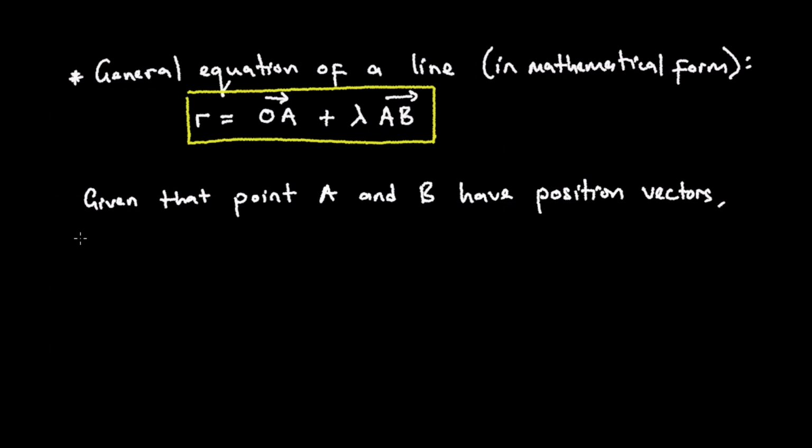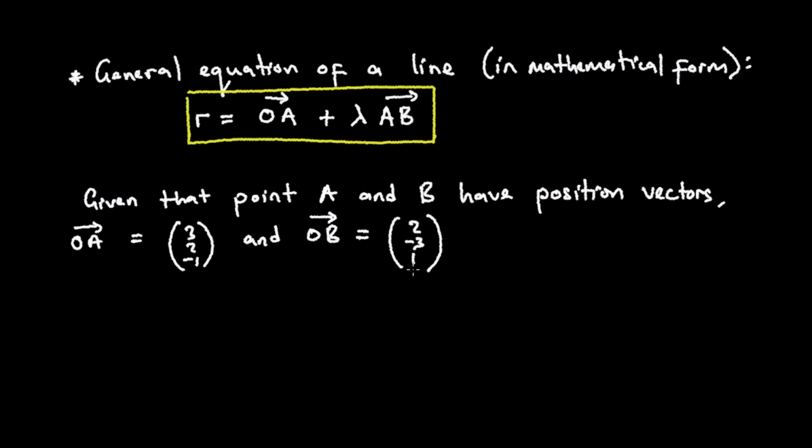What are the position vectors? OA is equal to (3, 2, -1), and OB is equal to (2, -3, 1). So we are given these two position vectors.